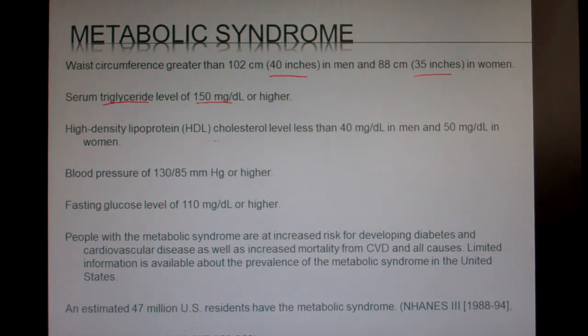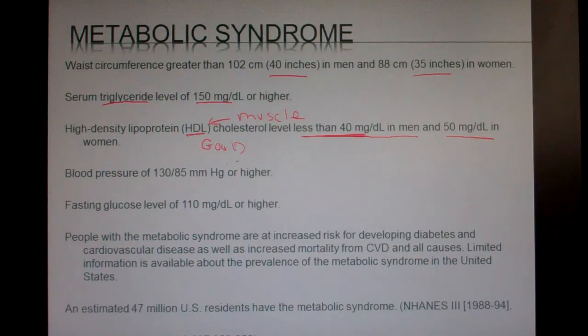Your high-density lipoprotein, or your HDL cholesterol, that's the good stuff. Okay, it's less than 40, and there's the definition there in men, and less than 50 in women because they don't have as much muscle mass, and actually the HDL, good cholesterol, is definitely related with the amount of muscle that you have.